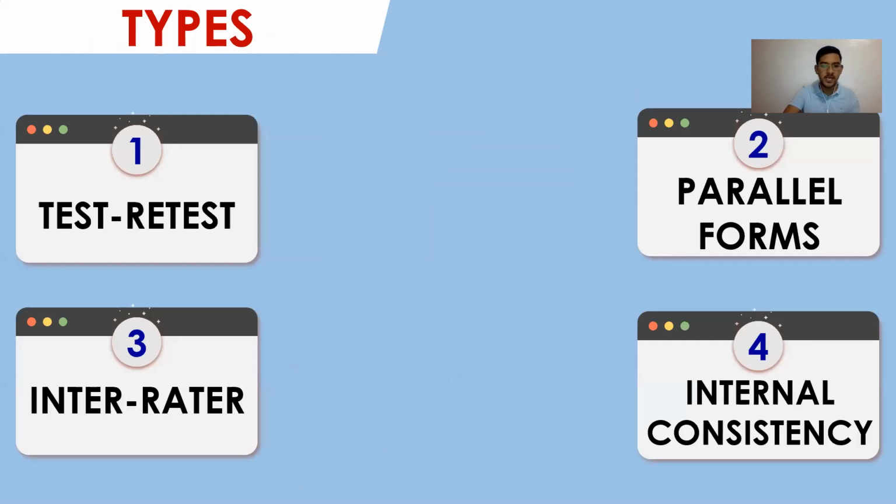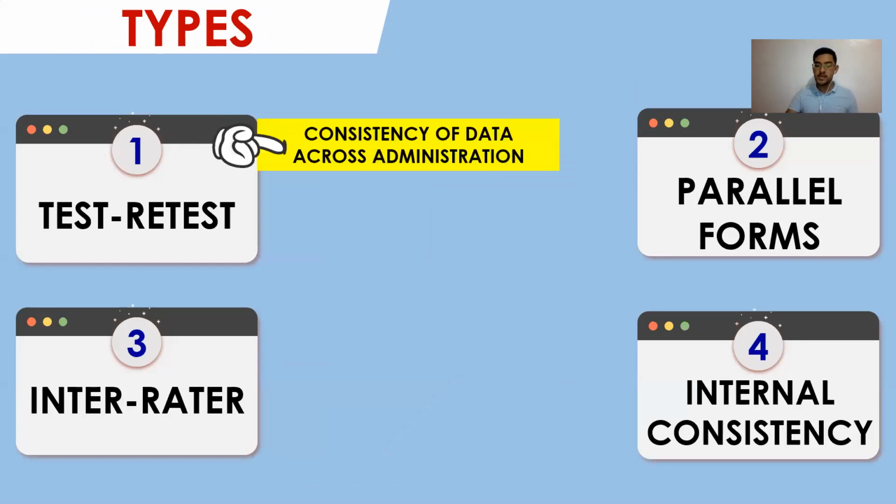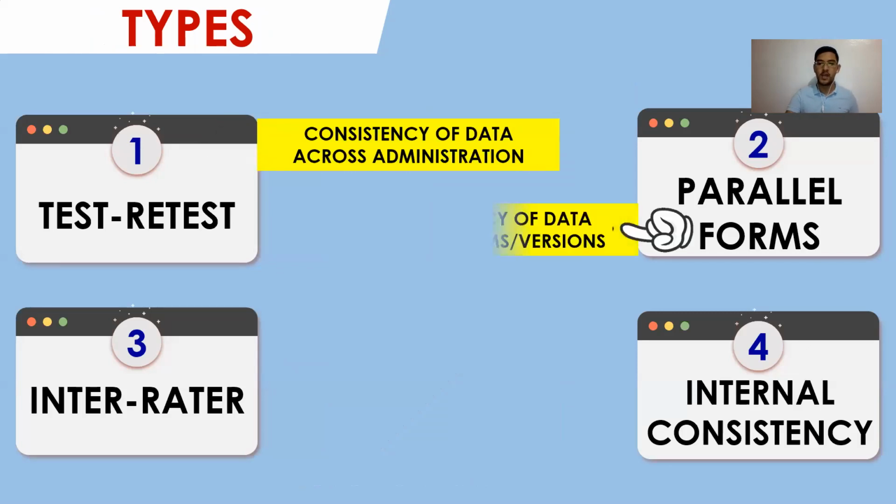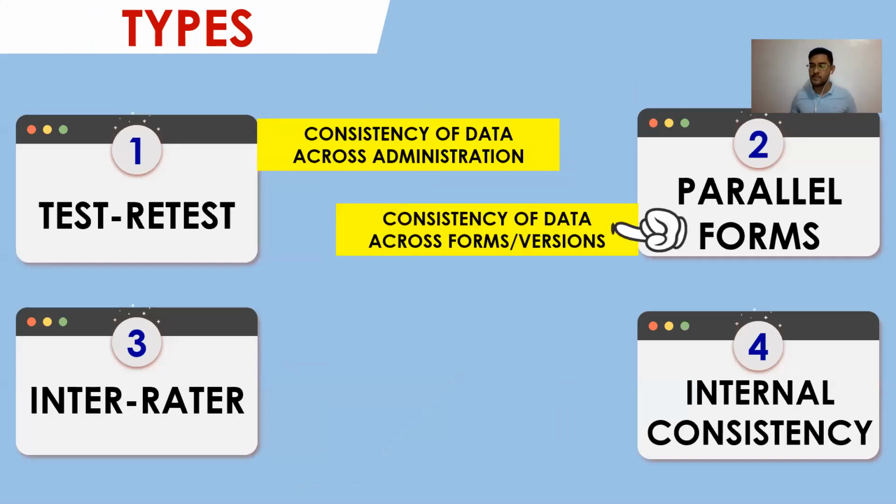We have test-retest, parallel forms, inter-rater, internal consistency. Kapag test and retest, same yung people, pero magkaiba ng oras. Same people, different times. Okay? Number 2, pag parallel forms, iba yung tao, iba yung respondents, pero magkaparehas ng oras, magkaiba ng test.